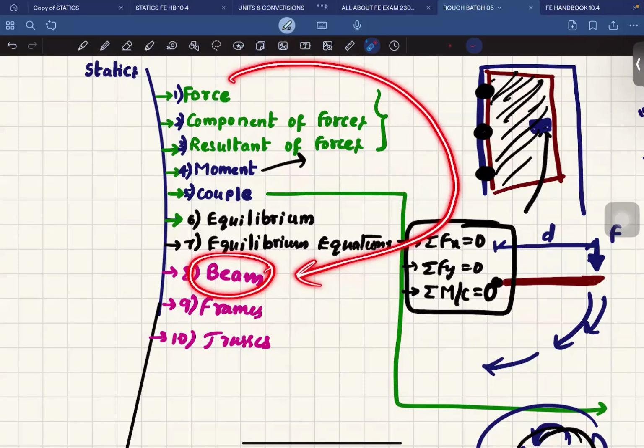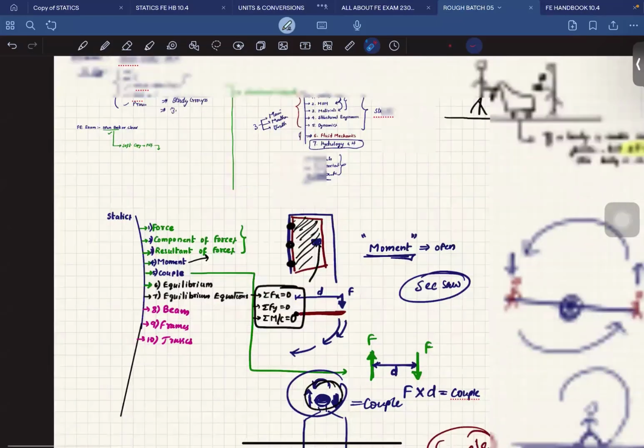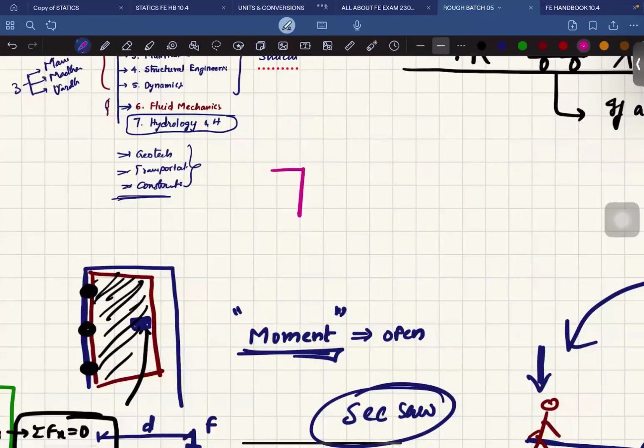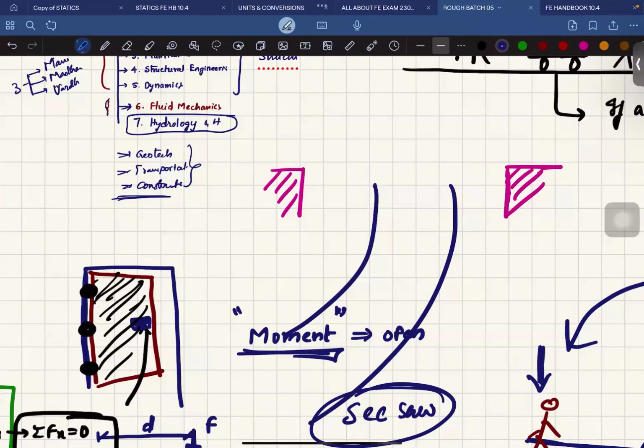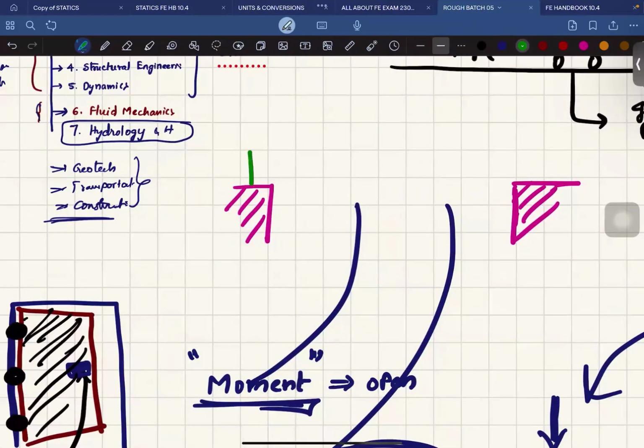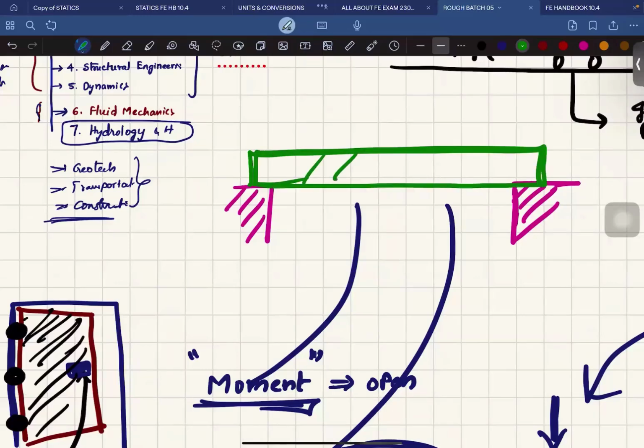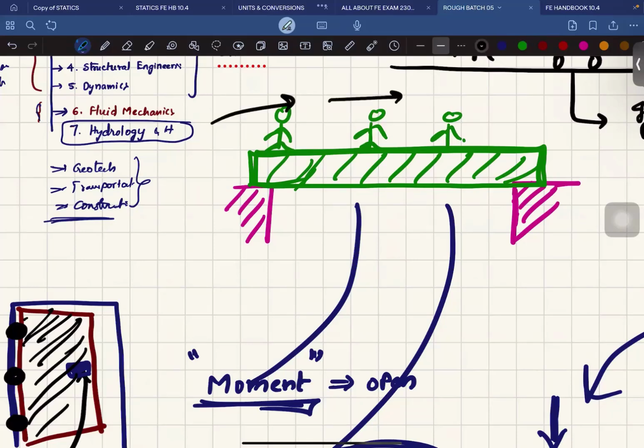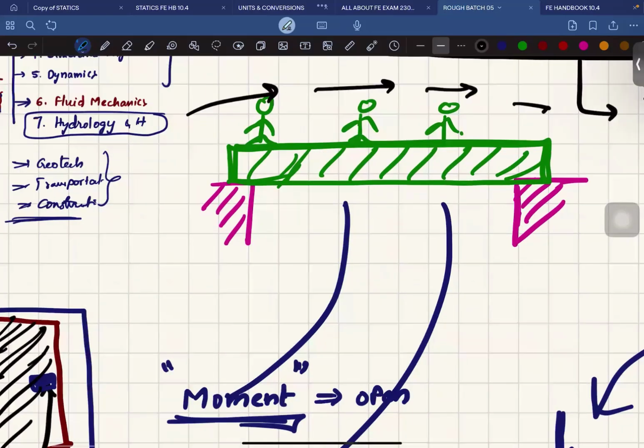And regarding the beam, I will tell you one thing. Suppose there is a bridge over here, there is an end support, and there is a river flowing like this, and we have constructed some bridge over this through a beam. Assume it's a timber beam, and the persons who are crossing this river in a village will be in motion. But tell me, is this beam in motion or will it be at rest?